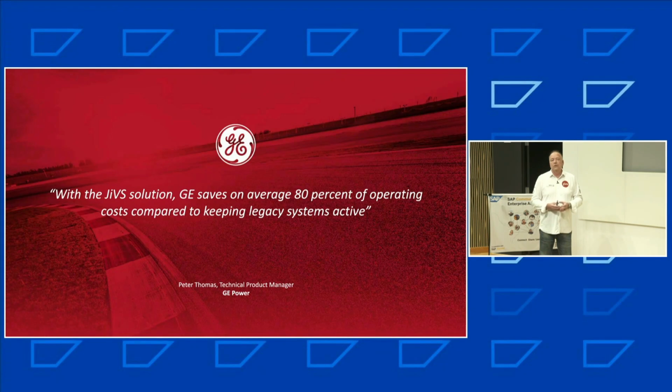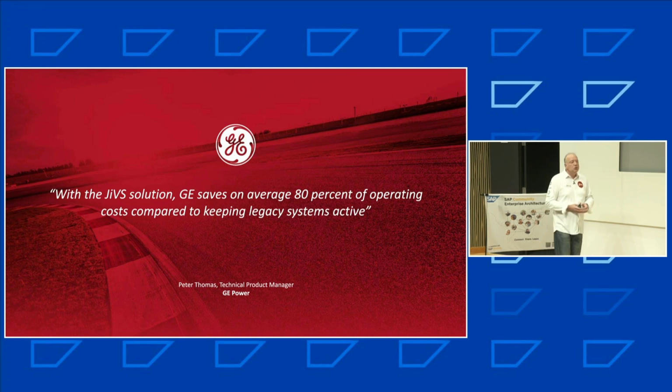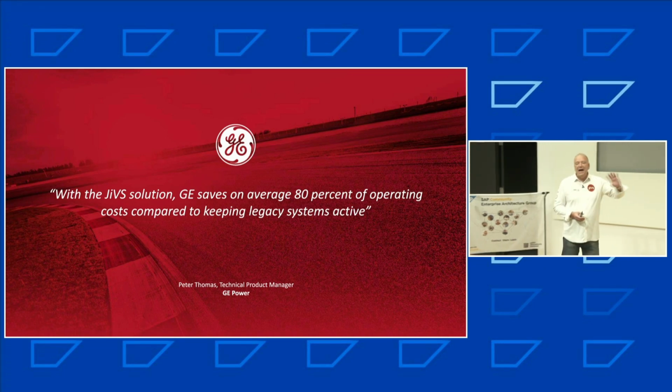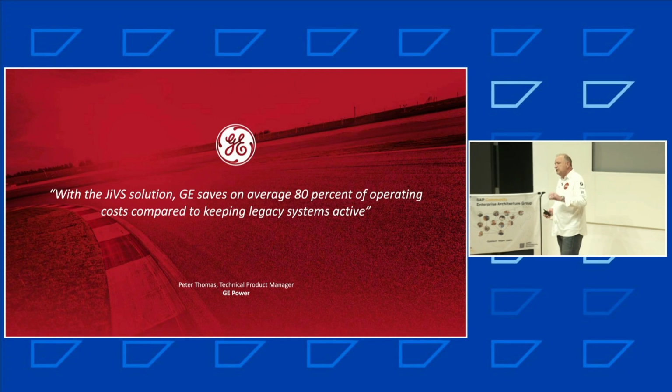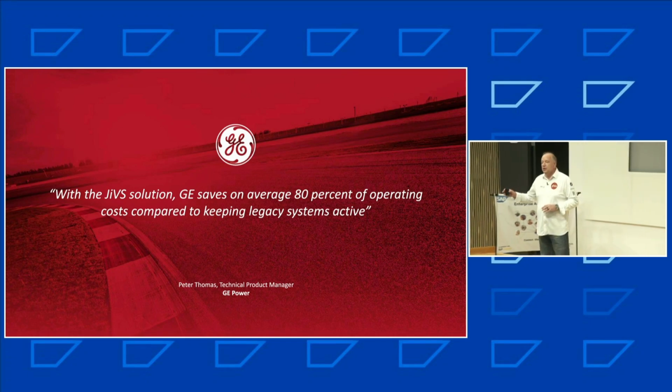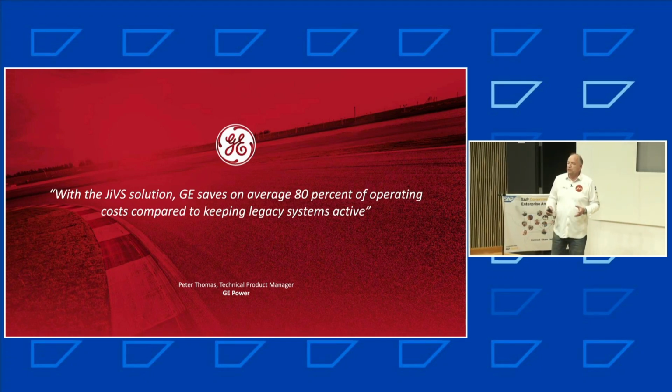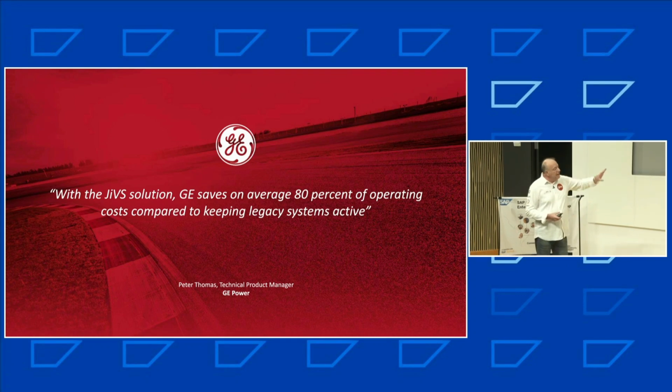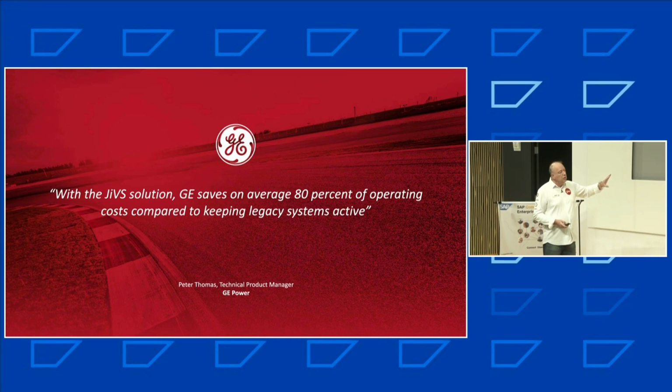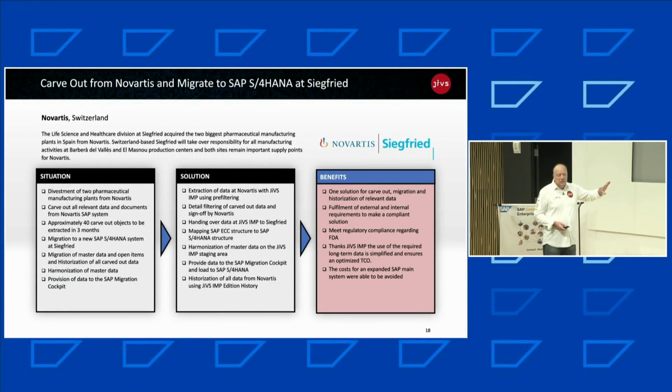What are you going to do with this? Well, retire it. Move it into JiVS. You don't need it anymore. And even if you chose a greenfield approach in the past, you can still retire it. We can still provide the integration out of S4. That's a possibility as well. But make it part of your overall strategy.